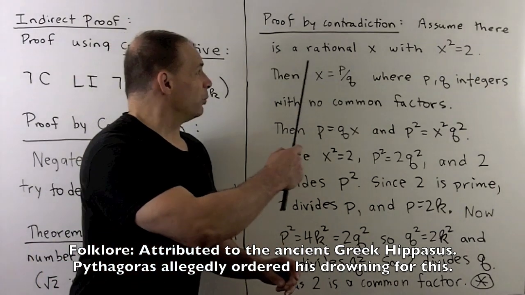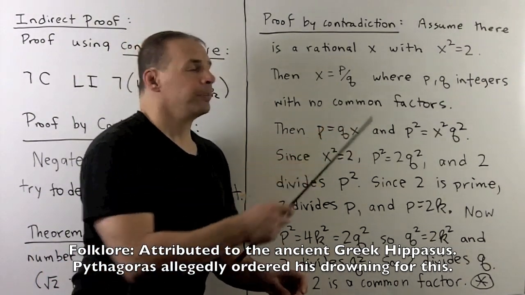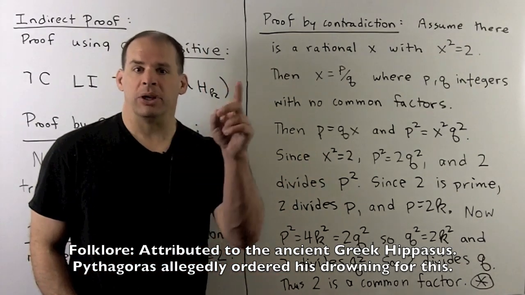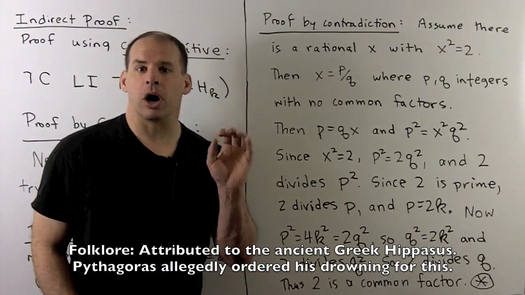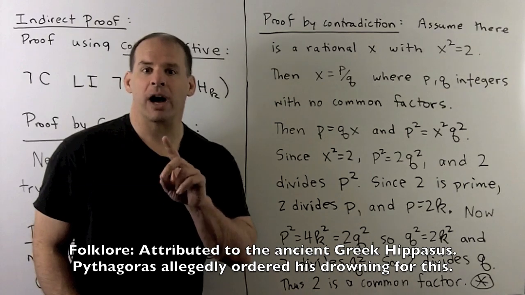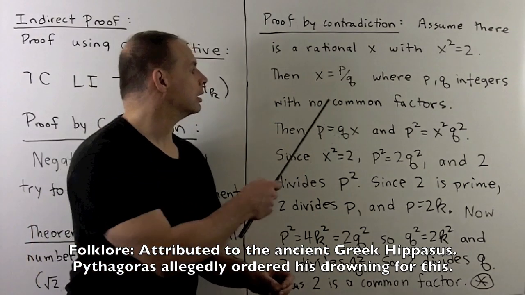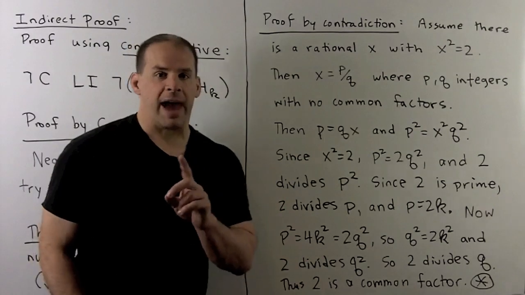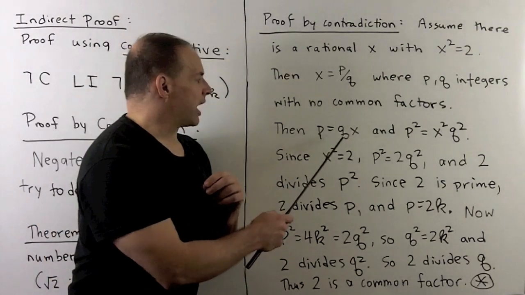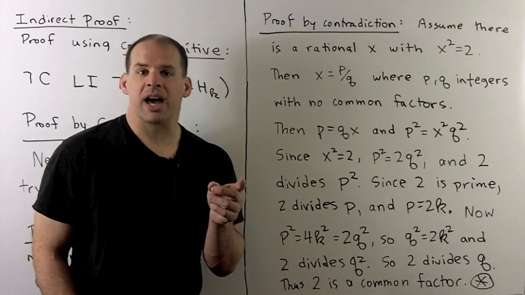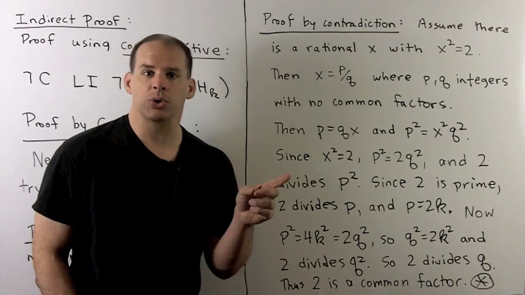Now, if we have this rational number x, we can write it in the form p over q, where p and q are integers, and they have no common factors. So we'll assume that we're in reduced form. Because of that, we have that p is equal to q times x. And if I square both sides, I get p squared equals x squared q squared.